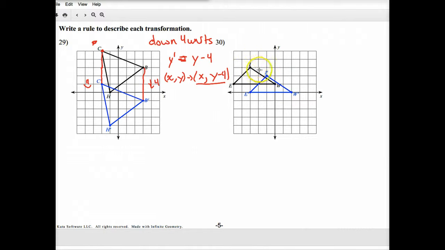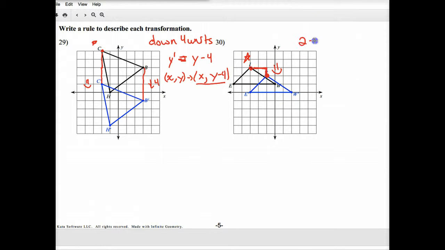So now, because it's a little more complex, it looks like we start here. So I'm going to start at the star, because those are spelled similarly, and finish at the happy face. We're going to start at the star and go to here. It looks like we're going 2 units right and 1 unit down.